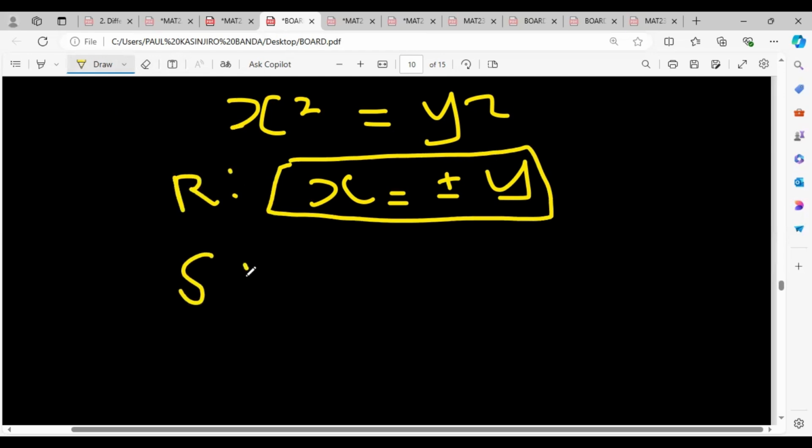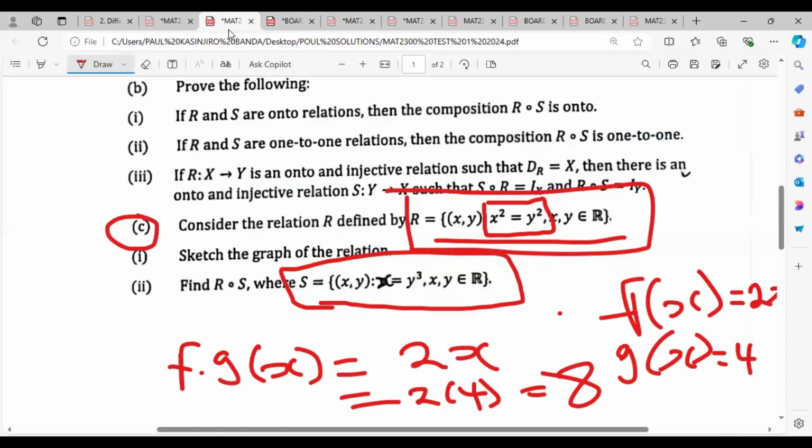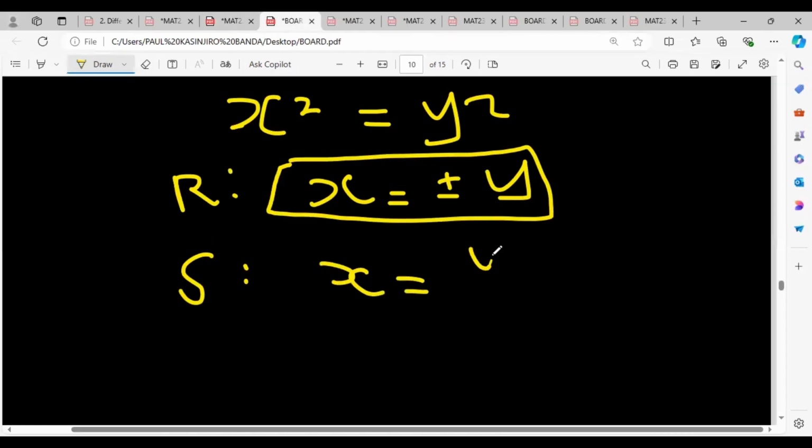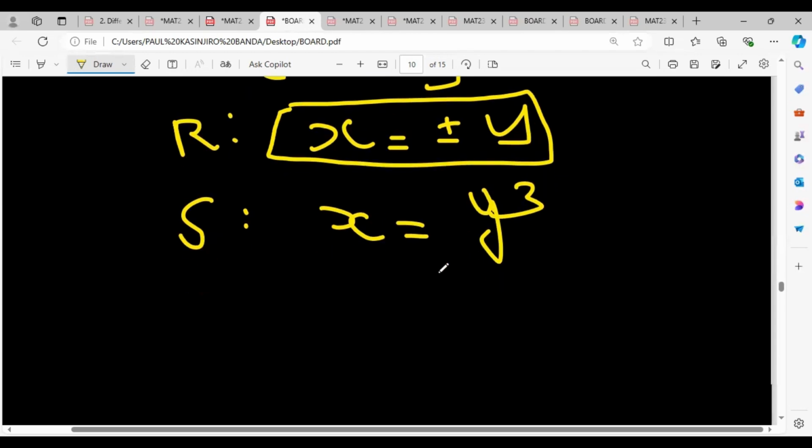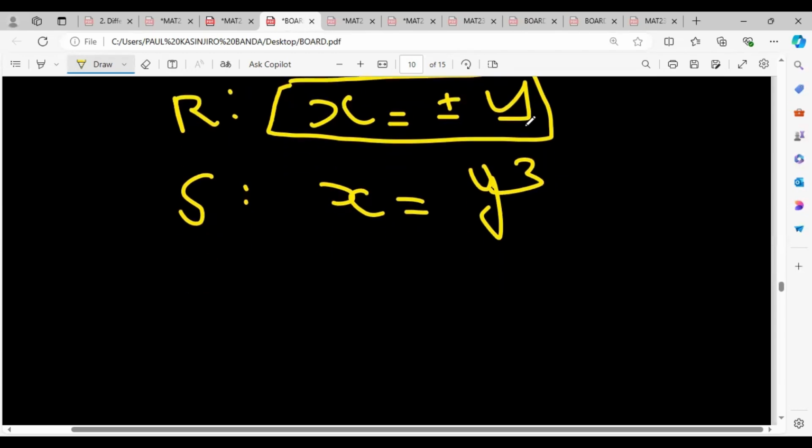And then our S, what is the formula for our S? We had X is equal to, let's check, Y cubed. So actually we can get this as the relation of X, which will just be equal to plus or minus Y, and this will be the relation of R. So I'll say the relation R of X, because I'm starting with the X there, right?